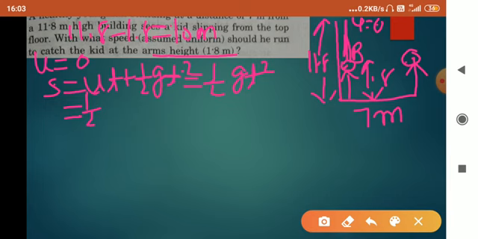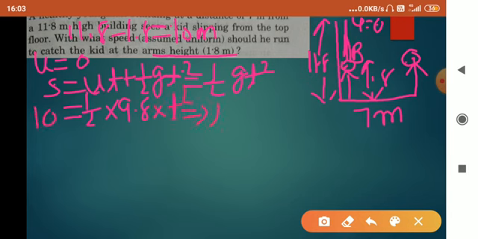So after covering a distance of 10 meter, this kid reaches point B in time t. So this is given by 9.8 into t square, and this is 10.